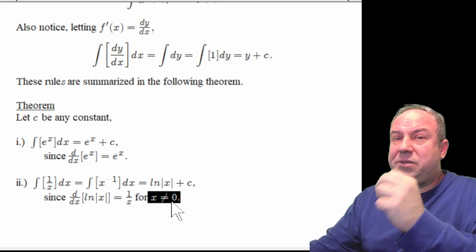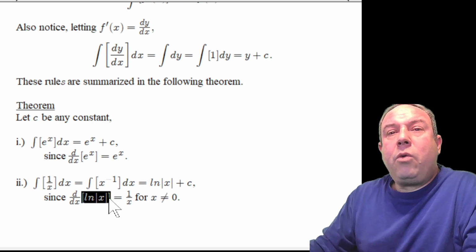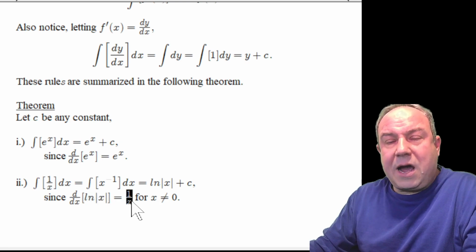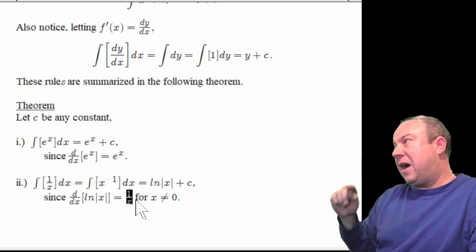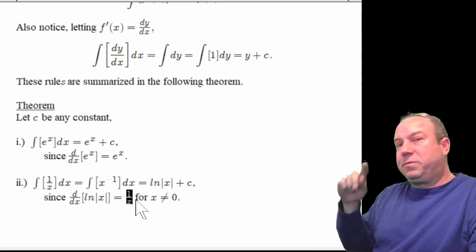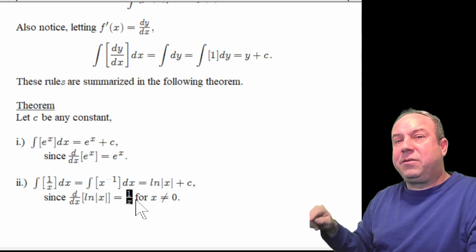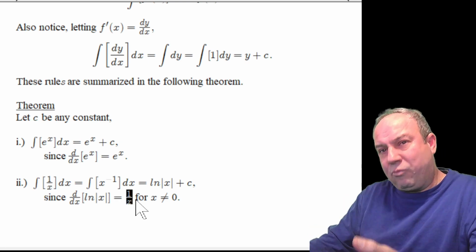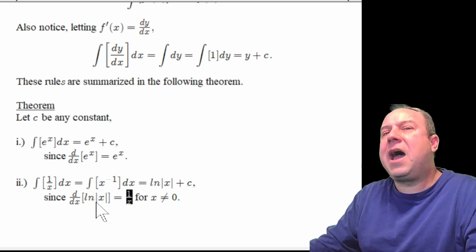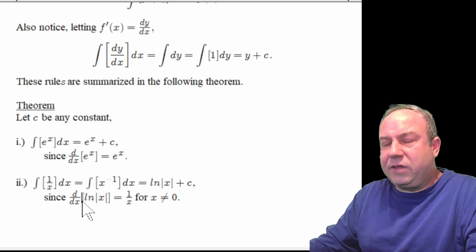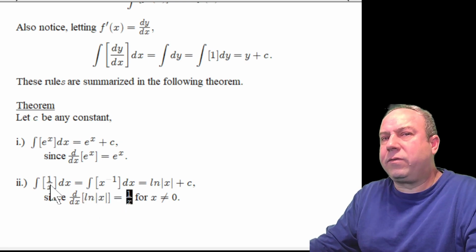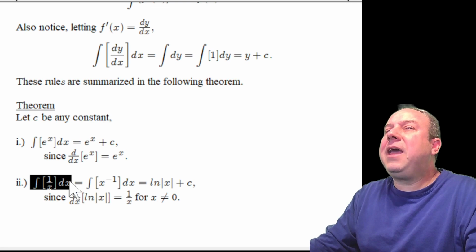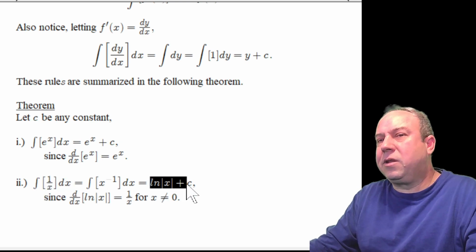We can now dip to the negative side. 1 over x does describe the slopes of the lines tangent to the ln of the absolute value of x on either side, for both negative and positive values of x. So since the derivative of the ln of the absolute value of x equals 1 over x, we can say the antiderivative for 1 over x is equal to the ln of the absolute value of x plus c.